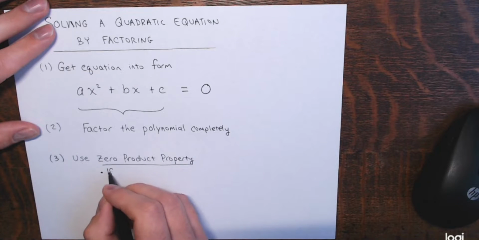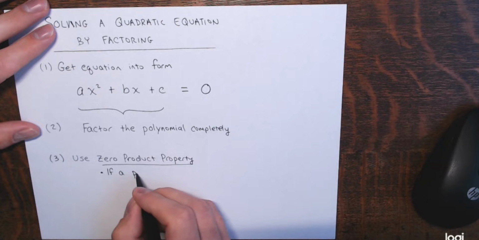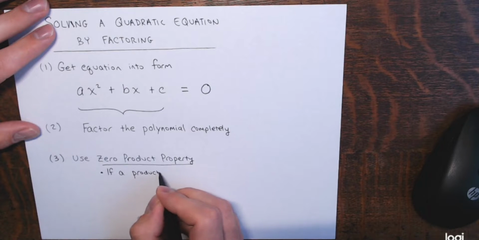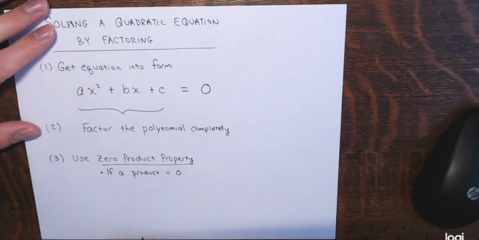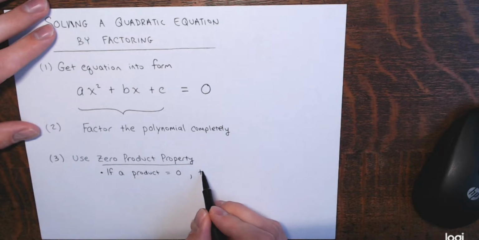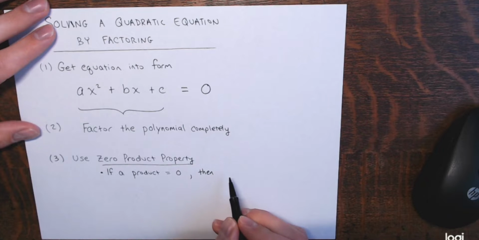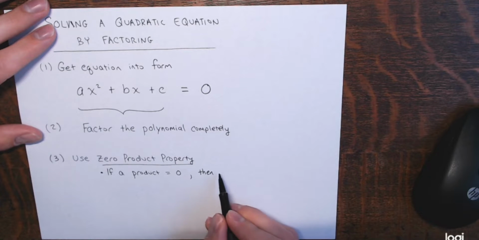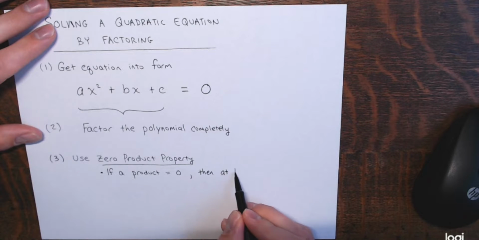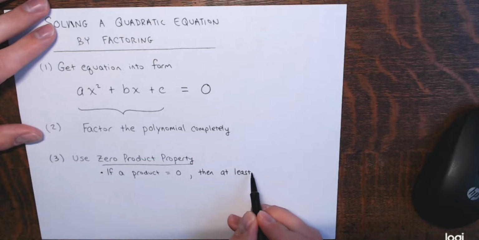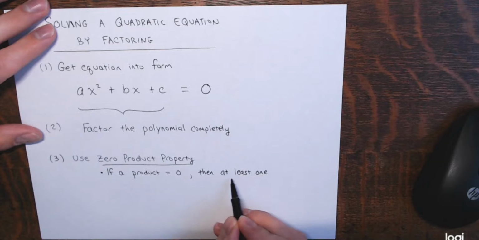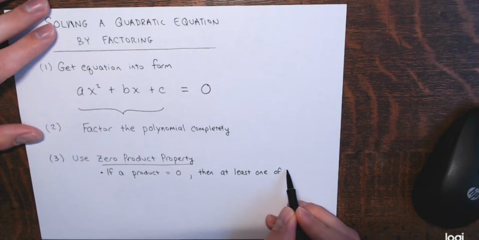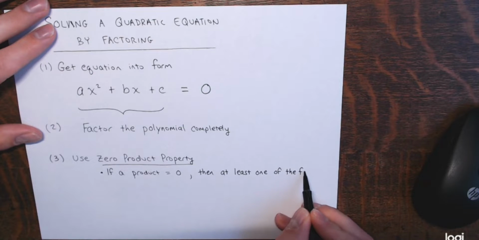If a product is equal to 0, so if you have a product equal to 0, then at least one of the factors must be 0. So at least one of the factors of that product must be 0.